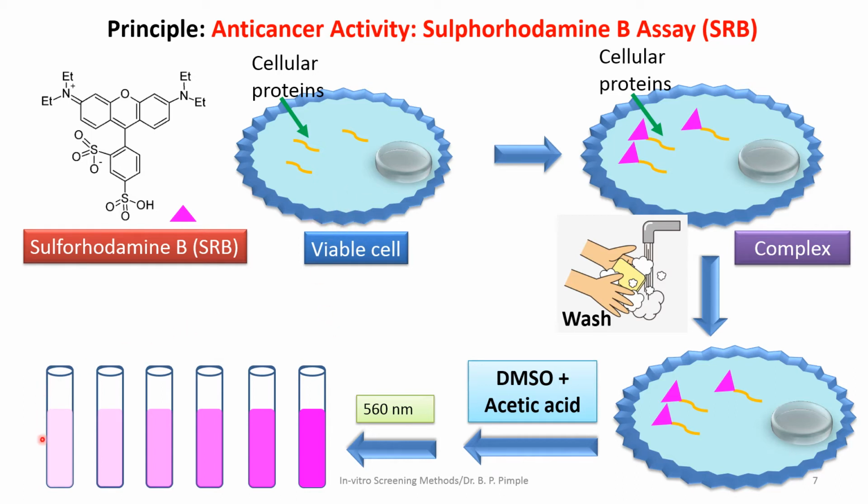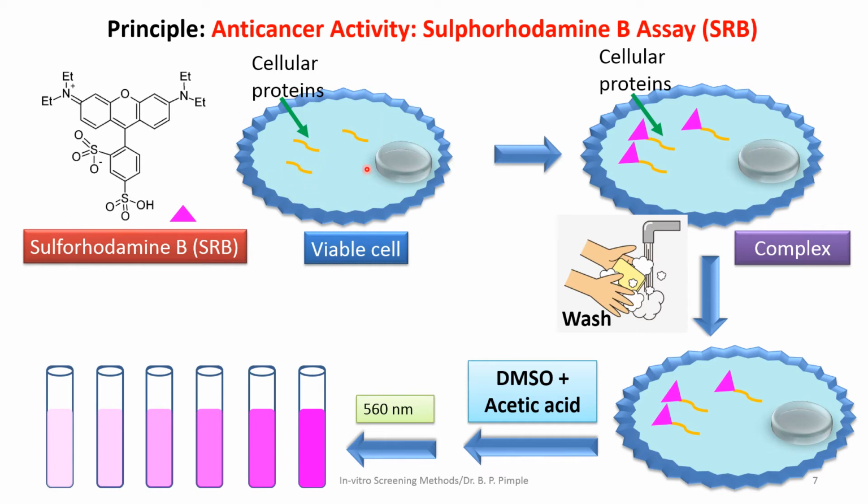So whatever cells you added in the first step, there are more viable cells in that. Whereas we will directly compare it with the extreme left test tube, where the intensity of the color is too low. This low color intensity indicates, suppose this test tube was mixed with doxorubicin solution and then the cells were kept here.